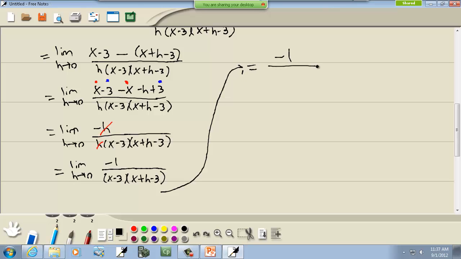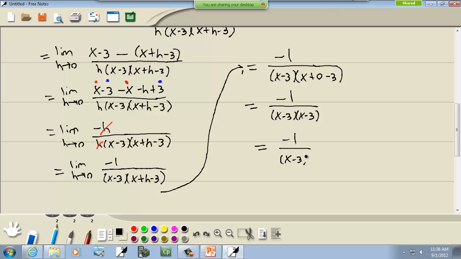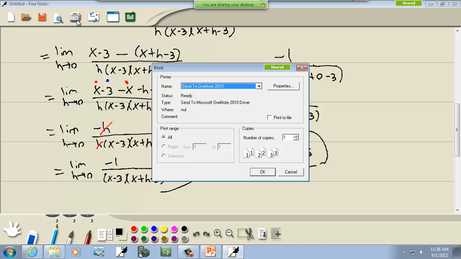We get negative 1 over x minus 3 times x plus 0 minus 3, which gives us negative 1 over x minus 3 times x minus 3, which is negative 1 over x minus 3 squared. And that'd be our answer. And let me grab a drink, and then we'll save this and look at our next problem.